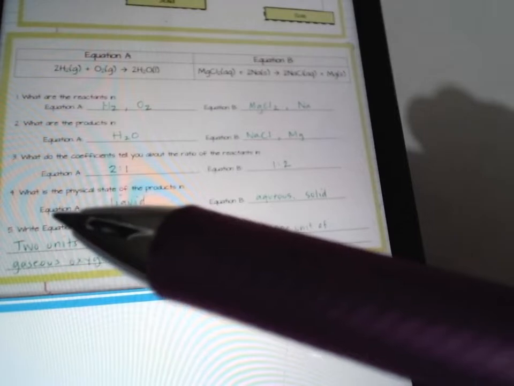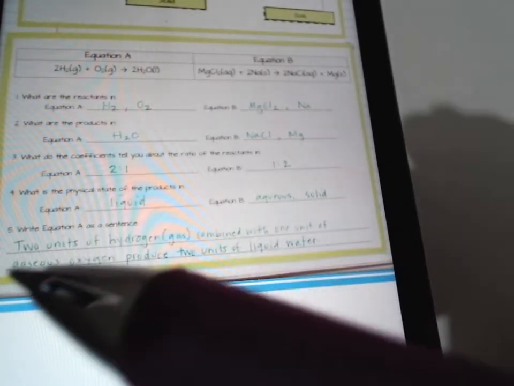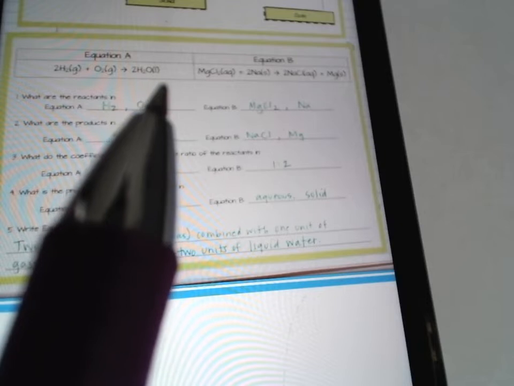Okay, and then down here, write equation A as a sentence. So 2 units of hydrogen gas combined with 1 unit of gaseous oxygen, or oxygen gas, produces or yields 2 units of liquid water. That is a way to write equation A as a sentence.